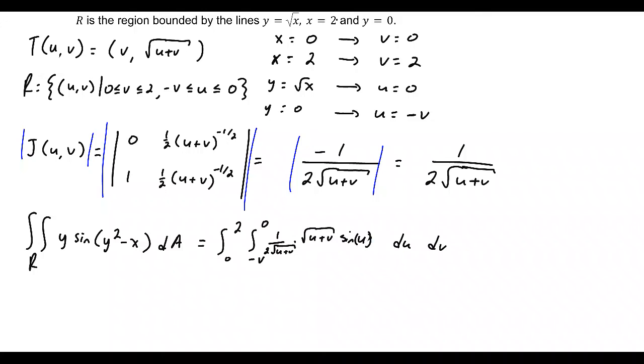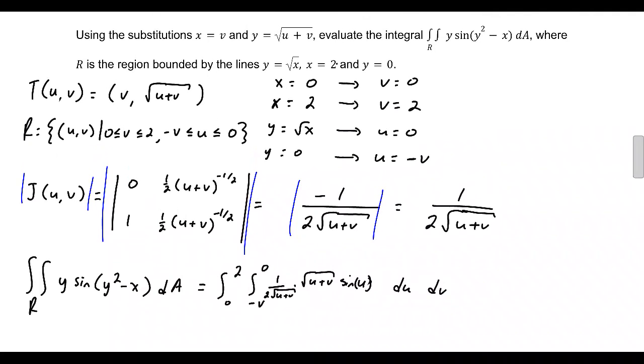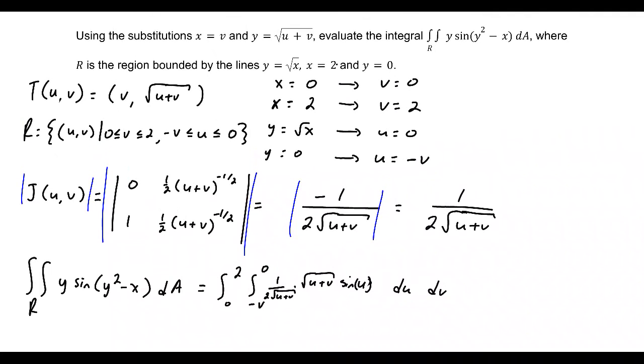But we converted, so we said y was equal to the square root of u plus v. Made that substitution. And then because u would be equal to y squared minus v, with v and x being the same, y squared minus x becomes u.